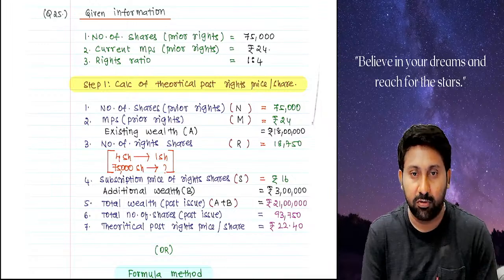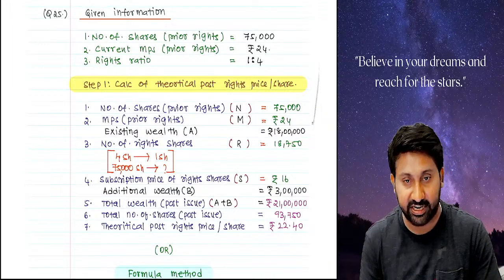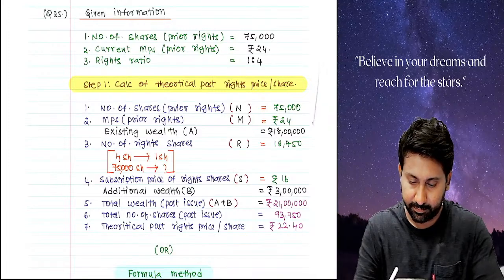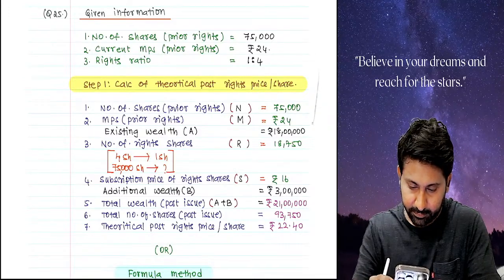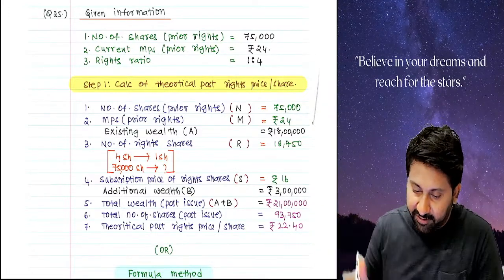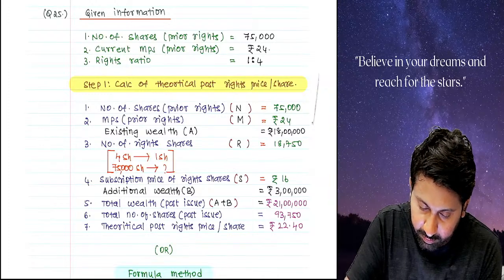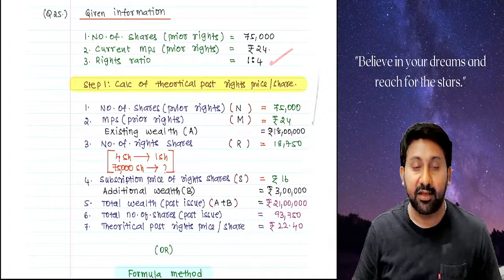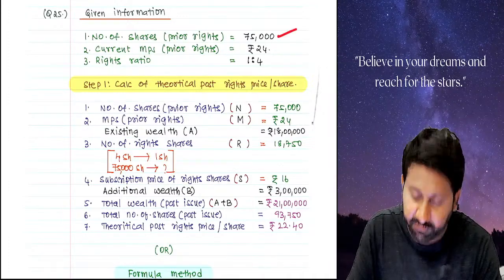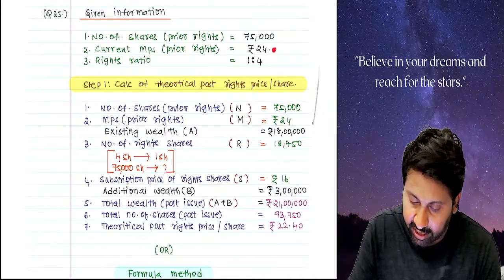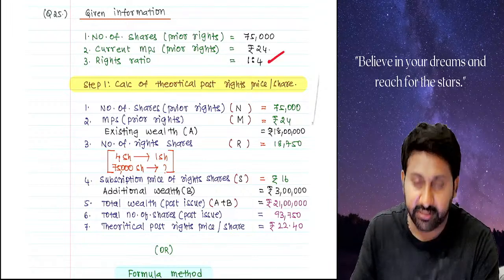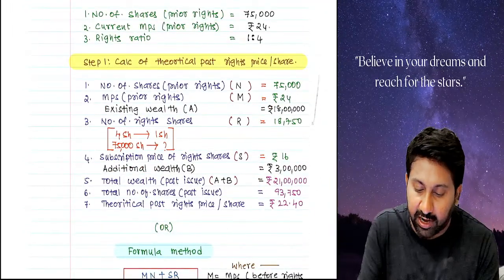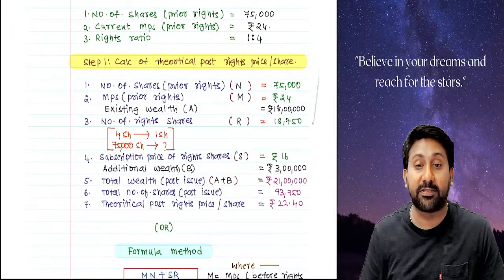They will give you the details regarding the right shares: number of shares, current market price per share, rights ratio. So number of shares now 75,000, current MPS 24, rights ratio 1:4. They will give this. Next, he will ask you to calculate the theoretical post rights price per share.